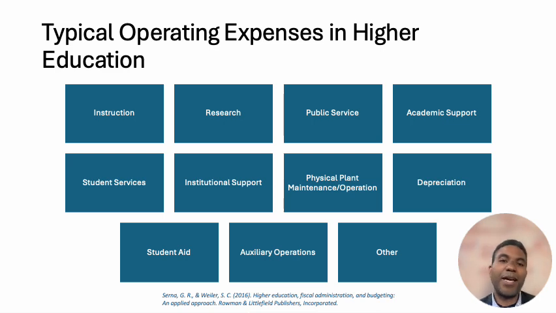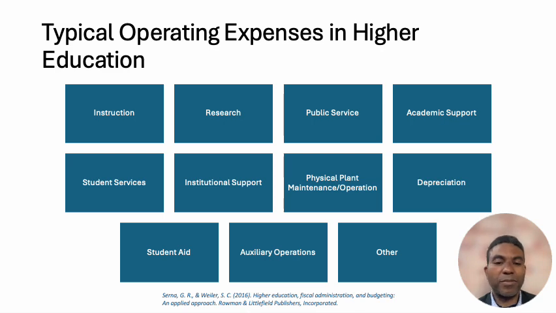Now, in terms of expenses, you typically break those down into operating expenses like research or instruction, public service, academic support, student services, physical plant, depreciation, institutional support, auxiliary operations, student aid, and other.